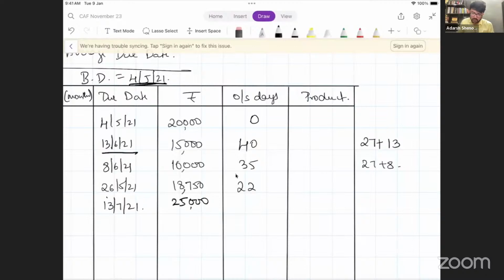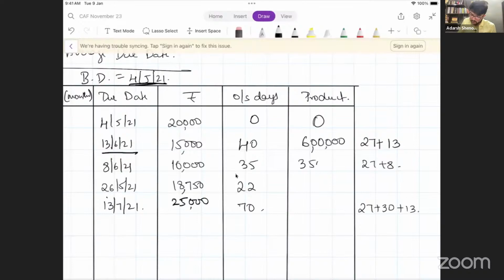Then 4-5 to 13-7. So here again we have to calculate. 27 days left in May, 30 days in June, 13 days in July. I hope you know the number of days in each month. So this will be how much? 70, right? 0. 15,000 into 40, 6 lakhs.